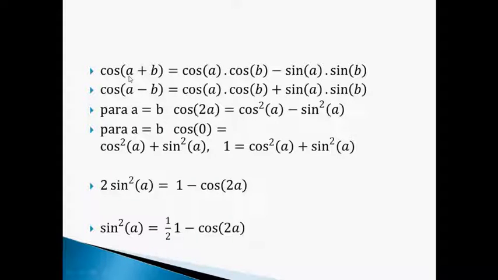The cosine of the sum of two angles A and B is cosine of A multiplied by cosine of B minus sine of A multiplied by sine of B. Cosine of A minus B is cosine of A, cosine of B, plus sine of A, sine of B. So if we put A equal to B, we have cosine of 0, A minus A equal 0.